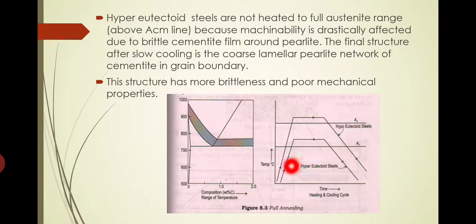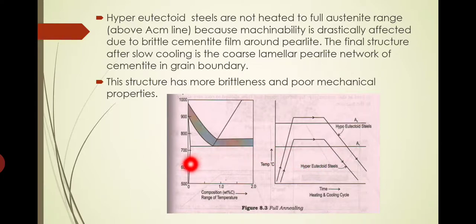If it is hypereutectoid, then the heating temperature is just above the lower critical temperature line, that is the A1 line. So we are not crossing the upper critical temperature line. We will hold at that temperature for a particular time to completely transform all the pearlite into austenite. Cementite will remain as such. Nothing happens to the cementite. Then finally it is allowed to cool. That is the difference between hypoeutectoid and hypereutectoid.